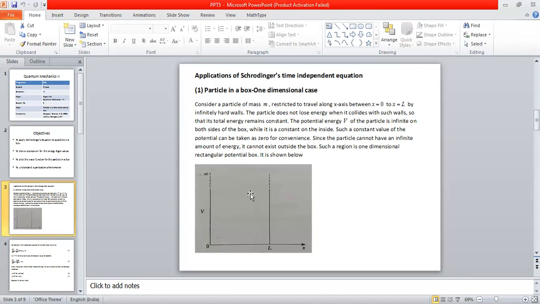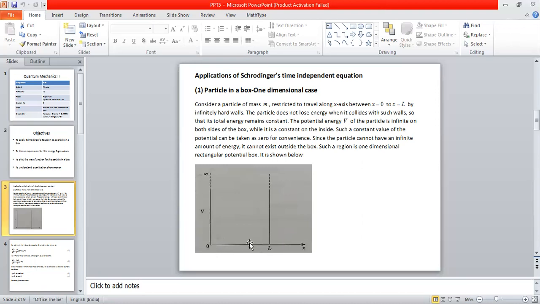The particle we are considering, which has a mass m, is restricted to travel between these two walls, these two boundaries, x equal to 0 and x equal to L. The particle cannot exist outside, because the potential energy outside these two boundaries is infinitely large, and a particle cannot have infinite potential energy. So we conclude that the particle cannot exist beyond the x equal to L region and beyond the x equal to 0 region.